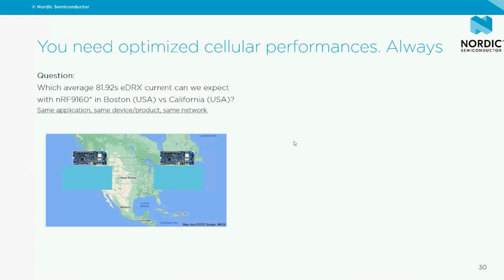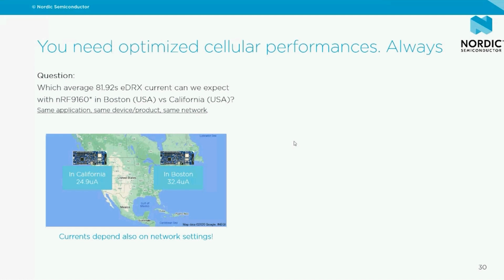So this example is showing basically average power consumption if you're running 82-second eDRX cycle with the 9160 in one network in the USA, but in two different locations, Boston and California. So this is exactly the same application, same product, same network, and so forth. And you should expect that you get exactly the same average power consumption here, but in fact you don't.